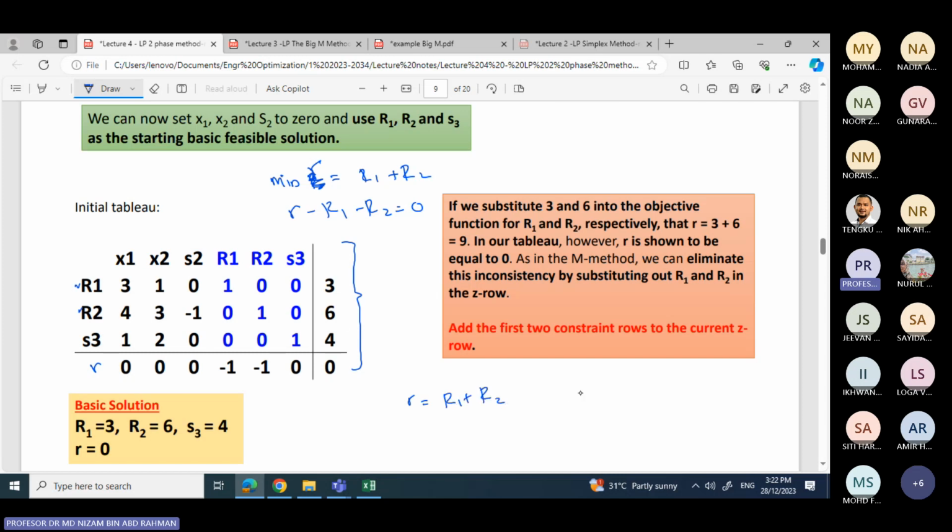In this solution, R1 equals 3, R2 equals 6, and R equals 0, right? So as not to get confused, maybe I'll just put Z, since we are familiar with Z. This is Z, right?